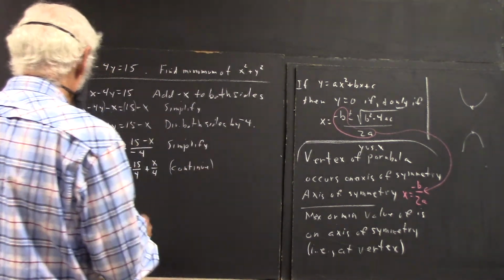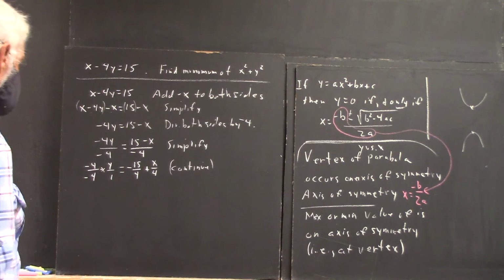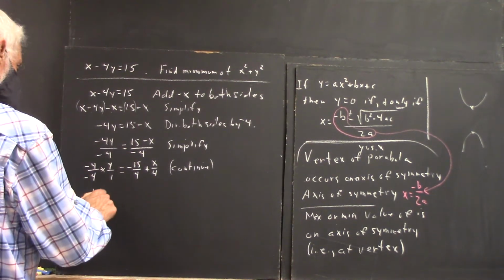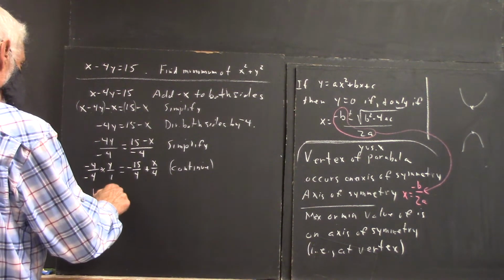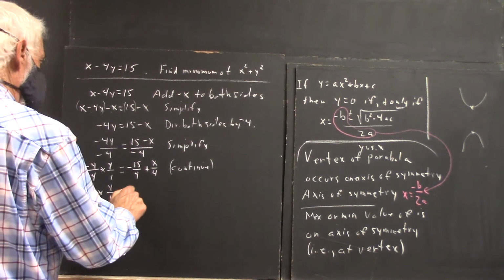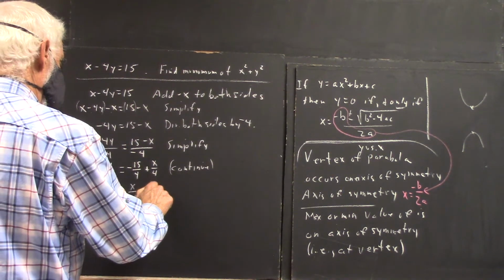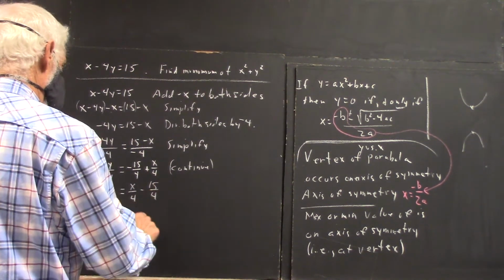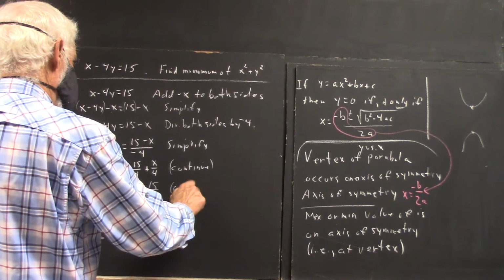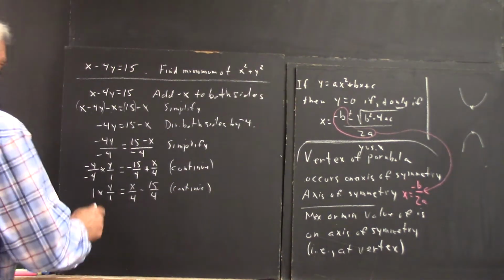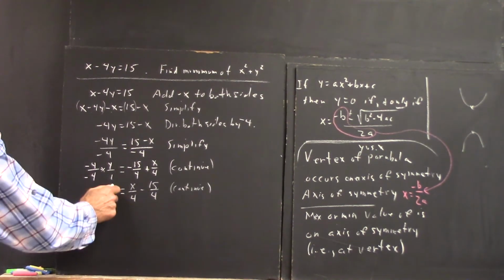And we're continuing the simplification. -4 divided by -4 is 1. So that's 1 times y over 1. I'm going to put this in form x over 4 minus 15 over 4. And we're going to continue. 1 times y over 1 is y over 1.